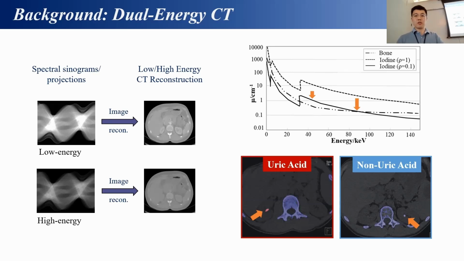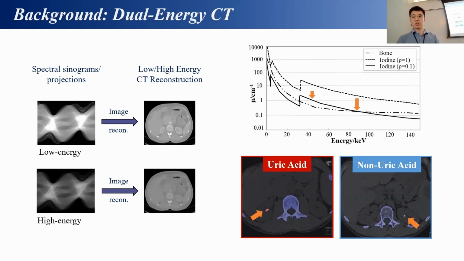In the top figures, dual CT uses the characteristic that different materials have different attenuation, and can provide richer image information, realizing material separation and component identification.